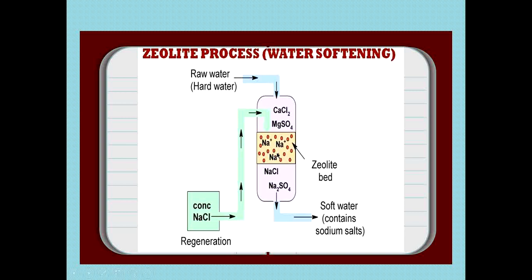So we have to improve the quantity of sodium ions, and for that we have to give a washing of NaCl from time to time. Then the amount of sodium ions increases, and they will replace the heavy metal ions from the hard water. So this is a very simple water softening method. Only the zeolite bed is used, and that's why it is called the zeolite process.